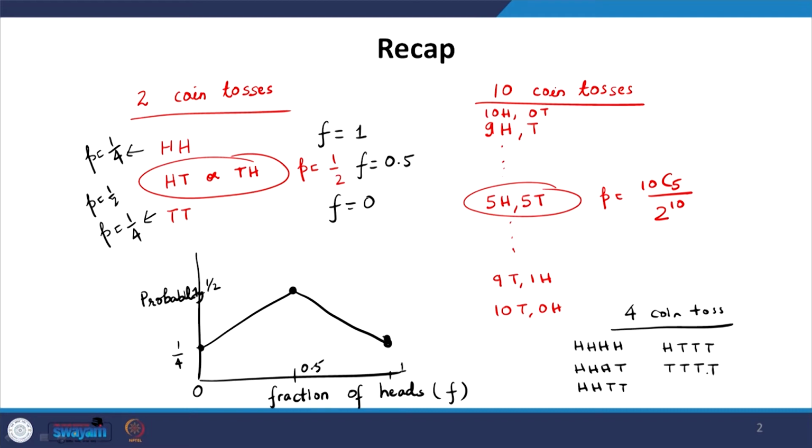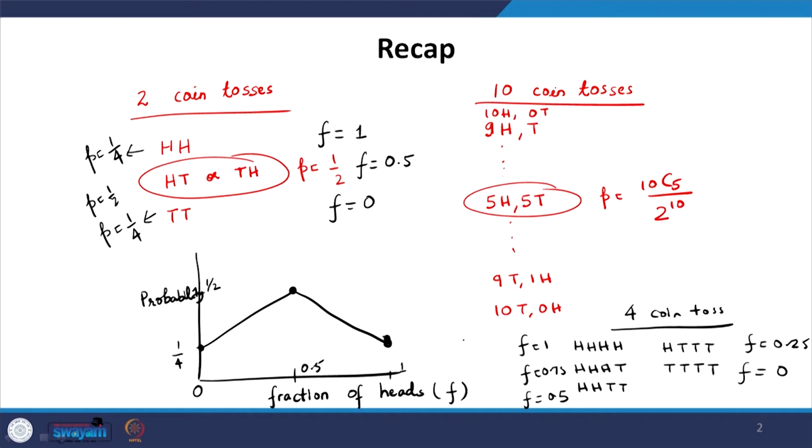The first case is f equal to 1, second case is f equal to 3 by 4, that is 0.75, third case is f equal to 0.5, fourth case is f equal to 0.25, and the last case is f equal to 0, right. And we can find the probabilities there.